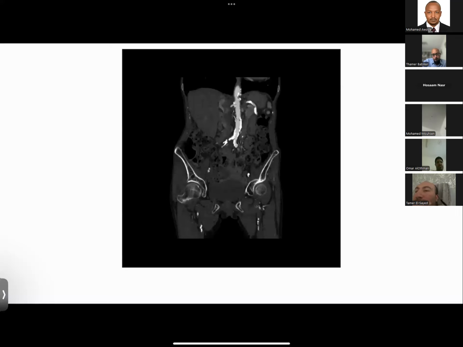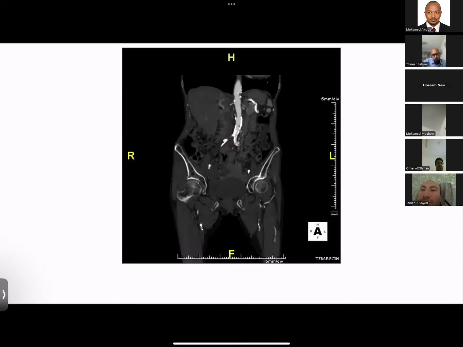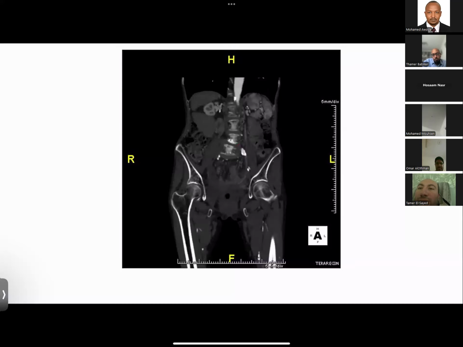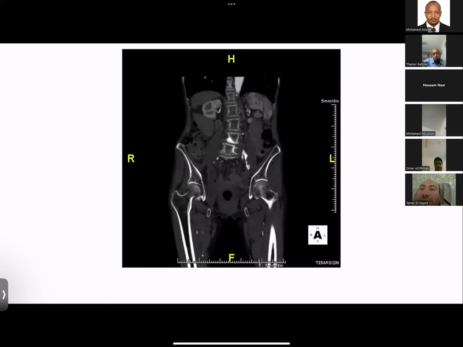So you can see her right iliac system here is calcified and occluded. And on the left side, very tight common iliac here, very calcified. And as we go down, it's a very calcific disease.